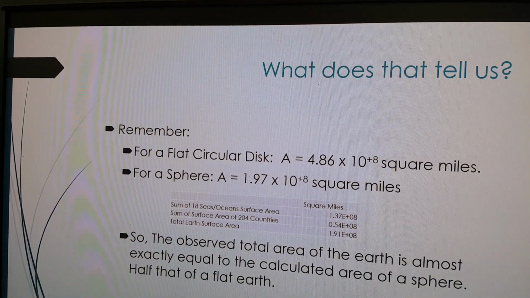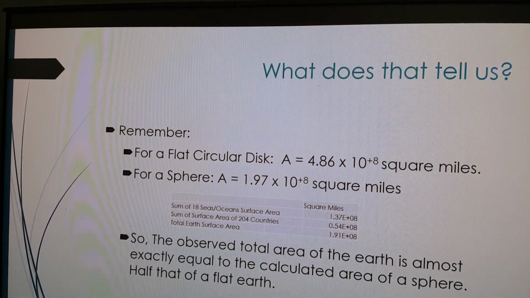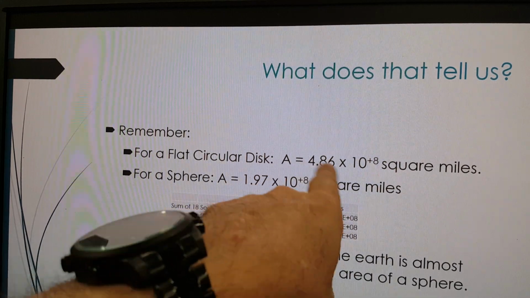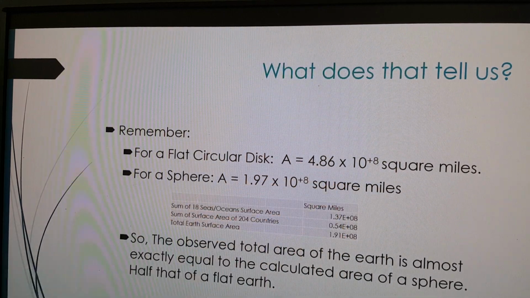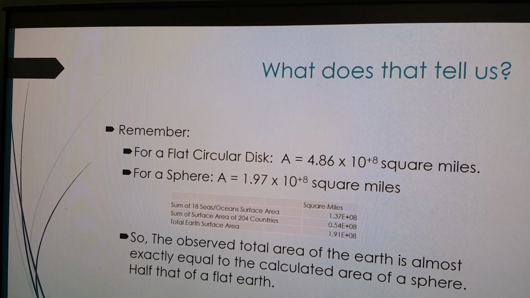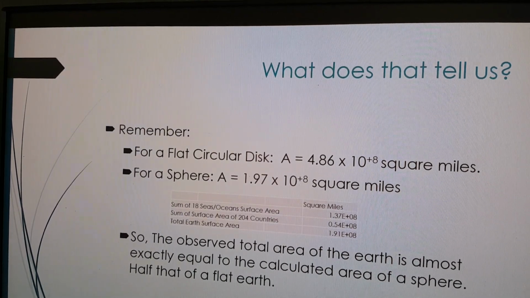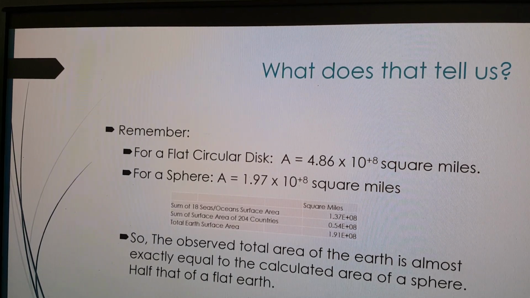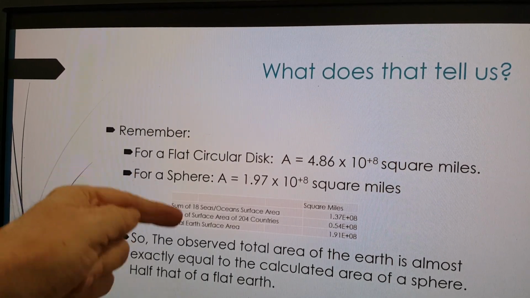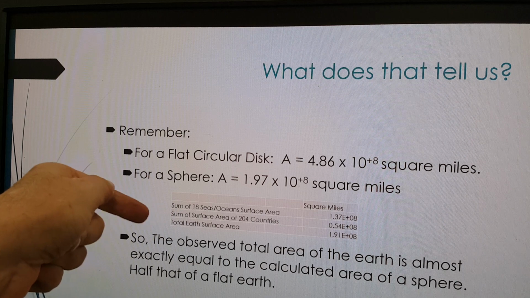So you remember the two numbers that we got before. For a flat disk, it's 4.86 times 10 to the 8. And for a sphere, it's 1.97 times 10 to the 8 square miles. So here I have a little summary that I put together.